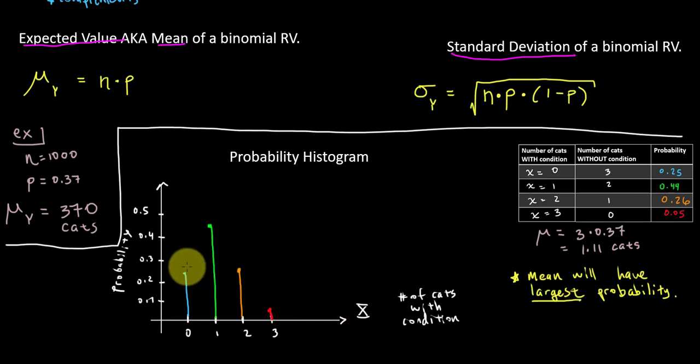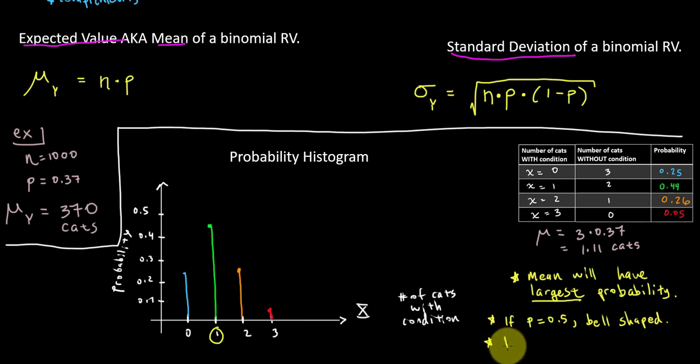One reason why this histogram is skewed to the right is because that largest probability was on the value for 1 cat, right? And that value is towards the left end of the range of values for our variable. Therefore, that right tail was longer. If, say, our event probability was 0.5, we would have a bell-shaped distribution, because then this would be perfectly symmetric.